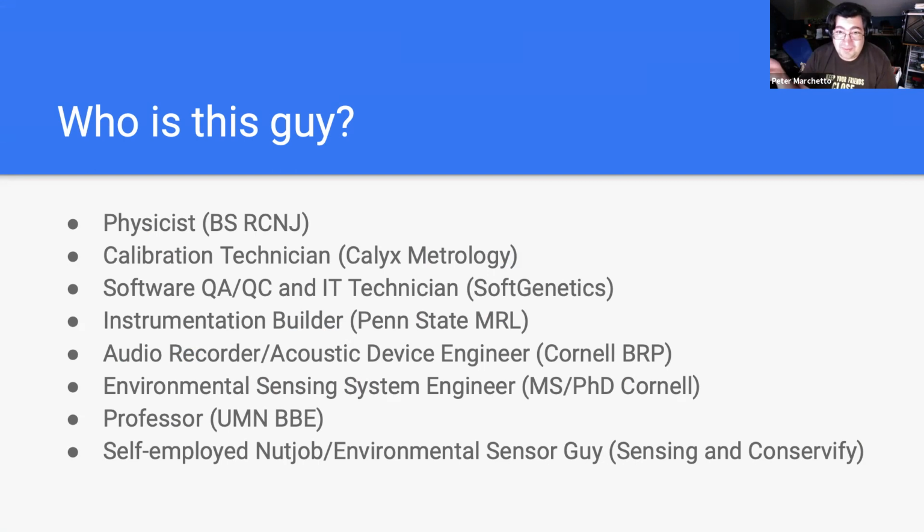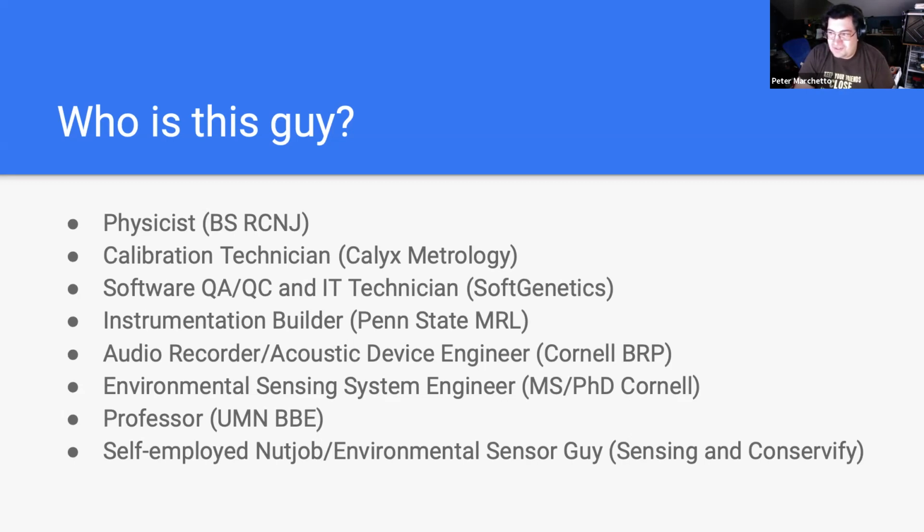So originally I was trained as a physicist. Right out of school, I got a job for a year and a half, getting injured on the job almost by problems that my boss would throw at me as a calibration technician in the field. Then I did software QA, QC, high five, Sarah, and also acted as an IT technician for a small company, high five, Jacob, too.